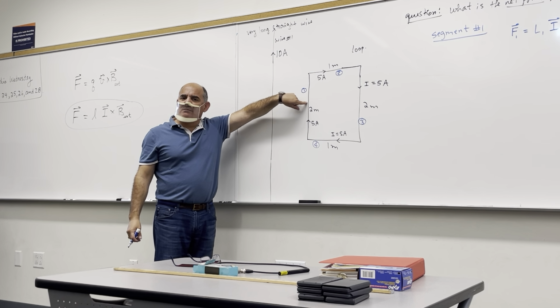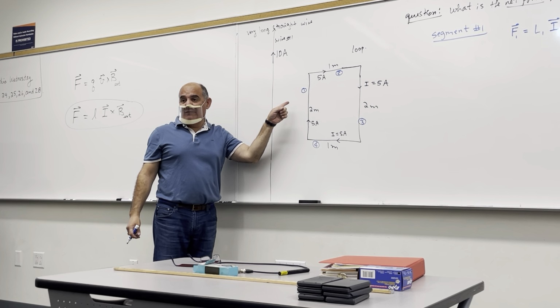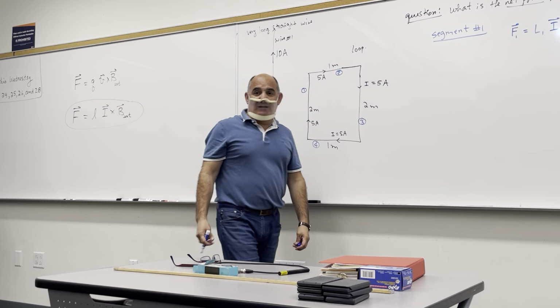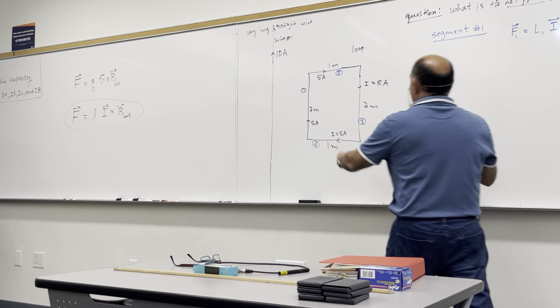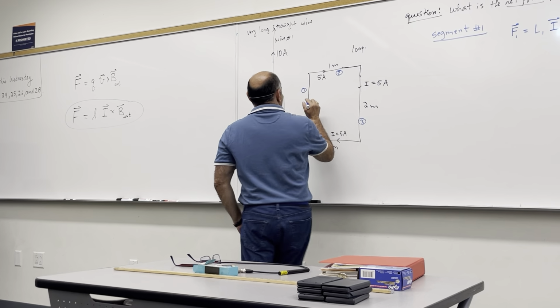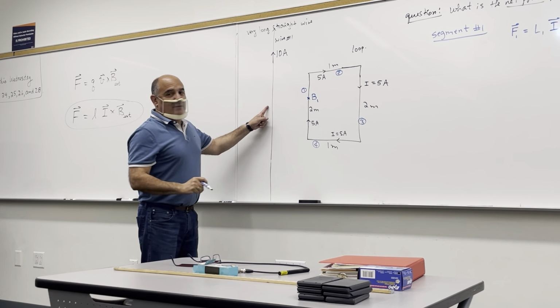But who's producing that magnetic field? Wire number 1, right? It's producing a magnetic field there. And now that you have prepared for this quiz, it should be easy for you to figure out what is the magnetic field over here. Let's call it B1, generated by this current in this wire.